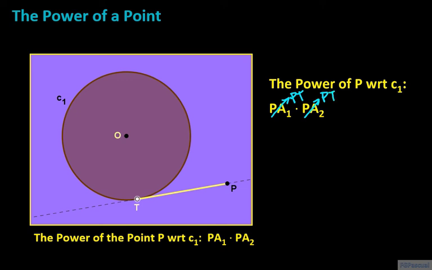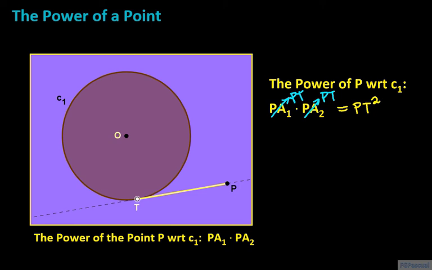And so when this happens, the power of P with respect to C sub 1 tends to PT squared. But the power of P is a constant, and the limit of a constant is the constant itself. And so the power of P, or PA1 times PA2, is equal to PT squared.